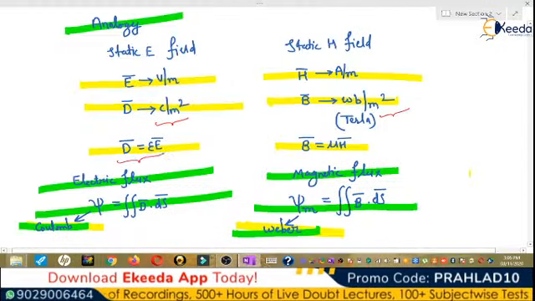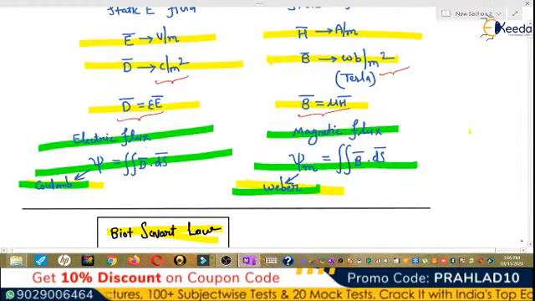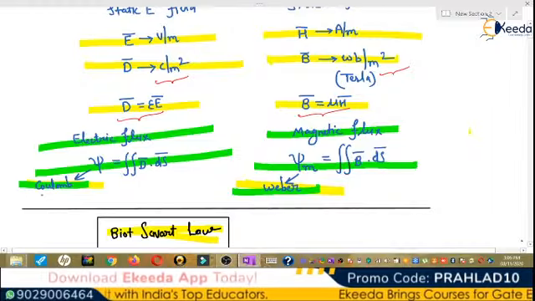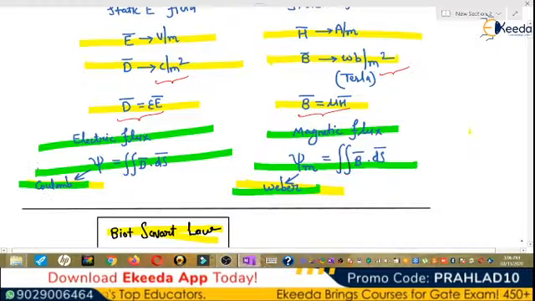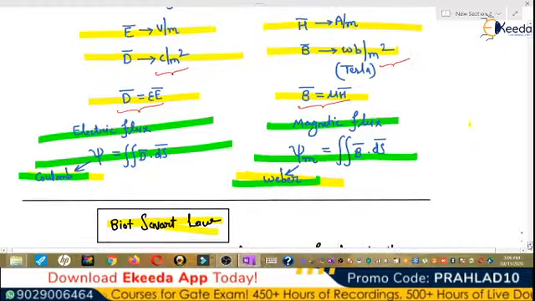D is equal to epsilon into E, and B is mu into H. Electric flux is measured as the double integration of D vector dot dS vector, and its unit is coulomb. Magnetic flux is measured as the double integration of B vector dot dS vector, and the unit is Weber.